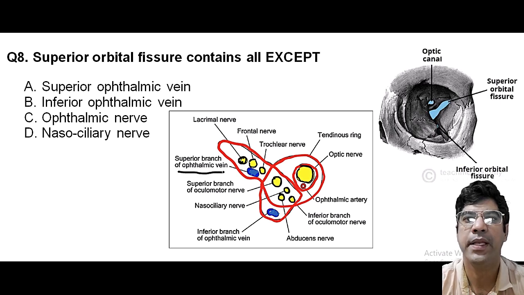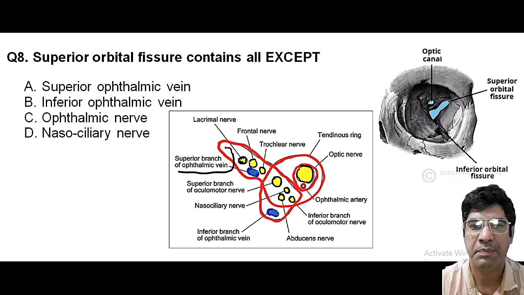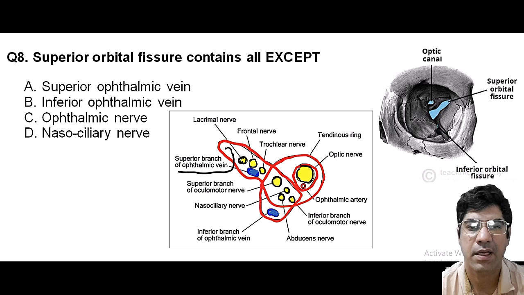The superior orbital fissure does transmit the superior ophthalmic vein. This vein is an important venous structure in the orbit, and it drains blood from the superior aspect of the eye and forehead.